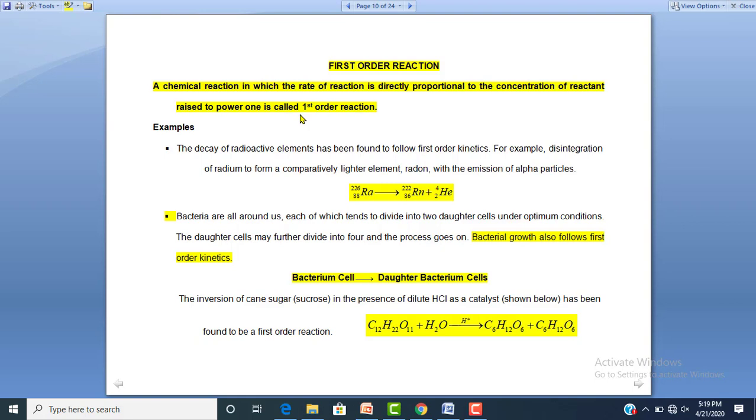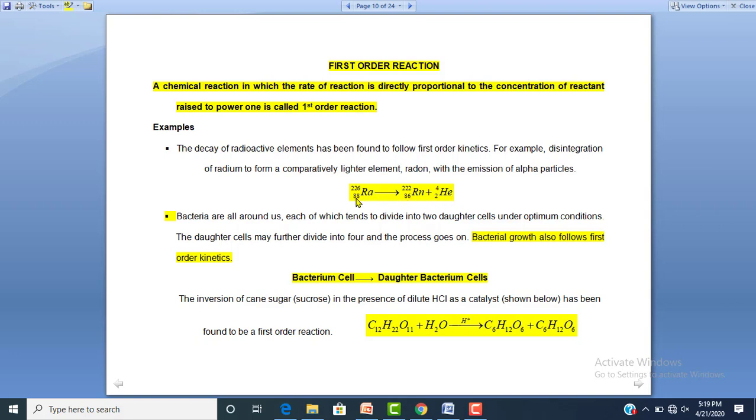Dear students, if we look at the examples, then the first example is very interesting. You know about the disintegration of some radioactive elements. The decay of radioactive element also follows first order reaction. For example, disintegration of radium-226 into radon 222 and alpha particle or helium nuclei.